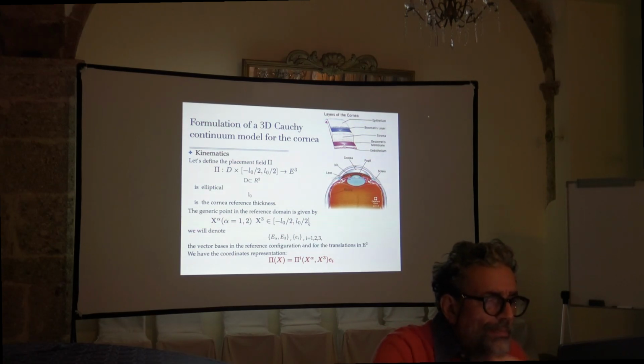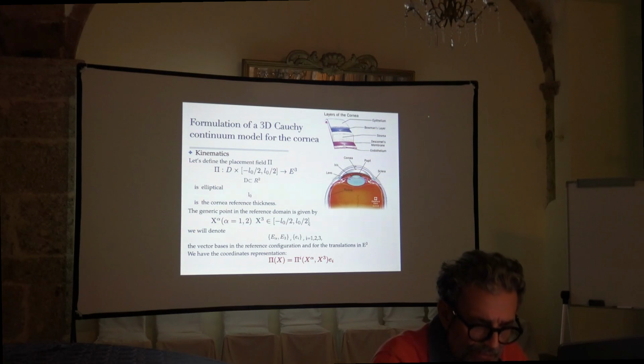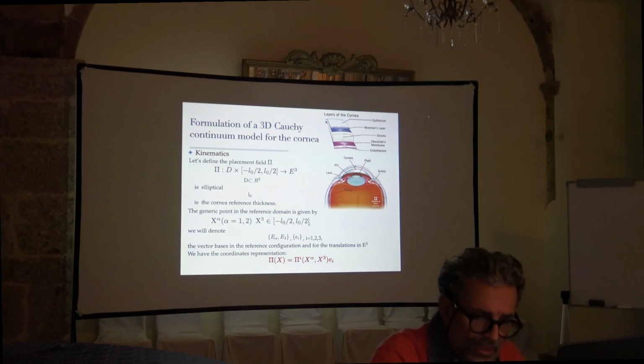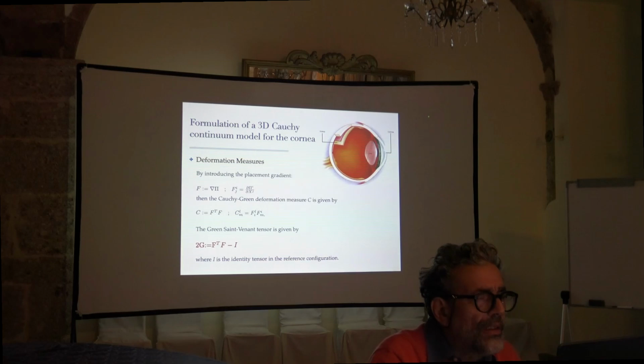Okay. We map this in the current placement of every material point of the cornea. Then we introduce the standard reference configuration vectors, capital E1, E2, E3, and then we have the current small e1, e2, e3 vectors.